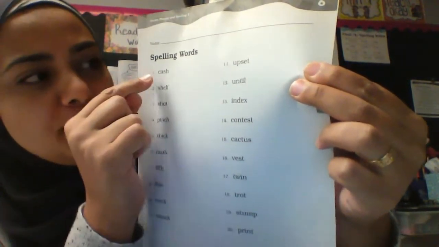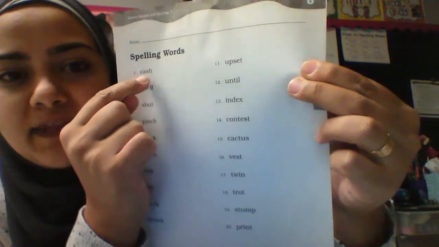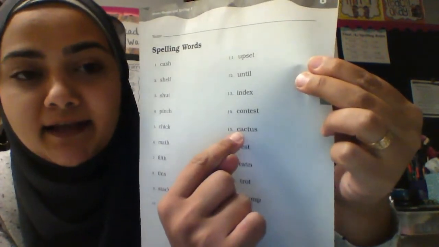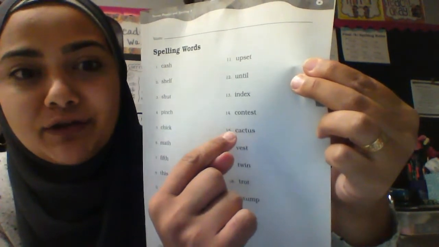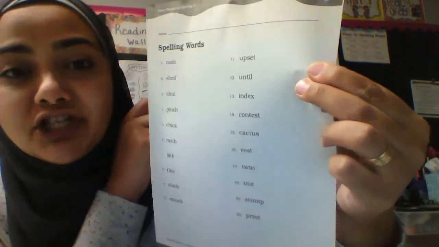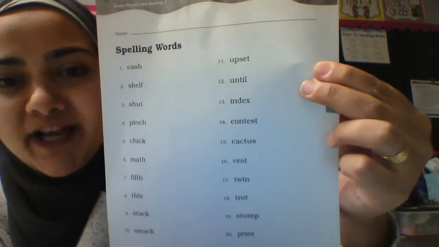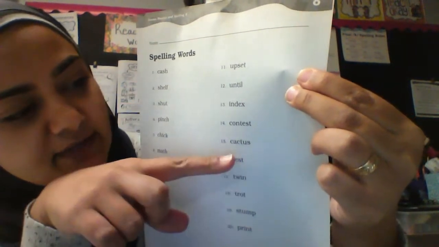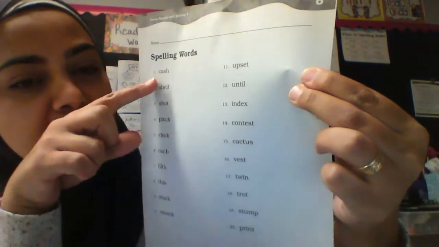Well, if they both start with a C, then we need to look at the second letter. Cash has an A as the second letter, and cactus also has an A as the second letter. So now we need to look at the third letter. Cactus has a C as the third letter, and cash has an S. What comes first, C or S? C comes first, so you're going to write cactus and then cash.